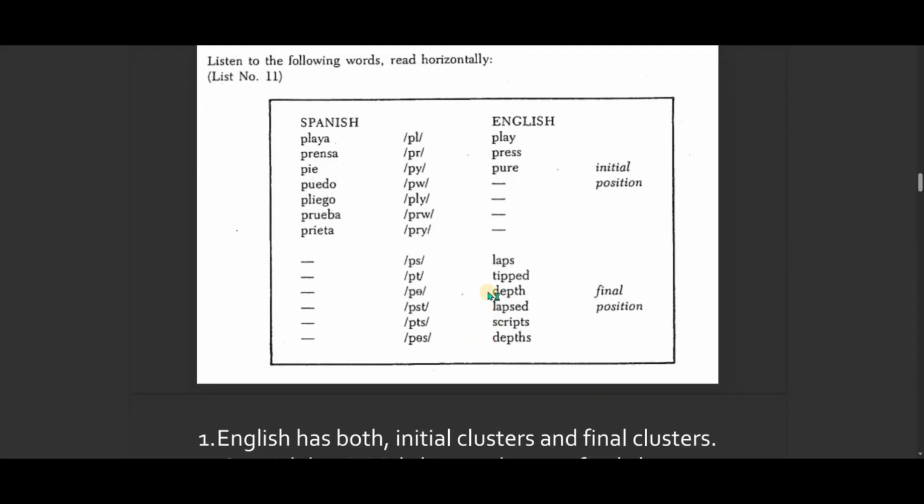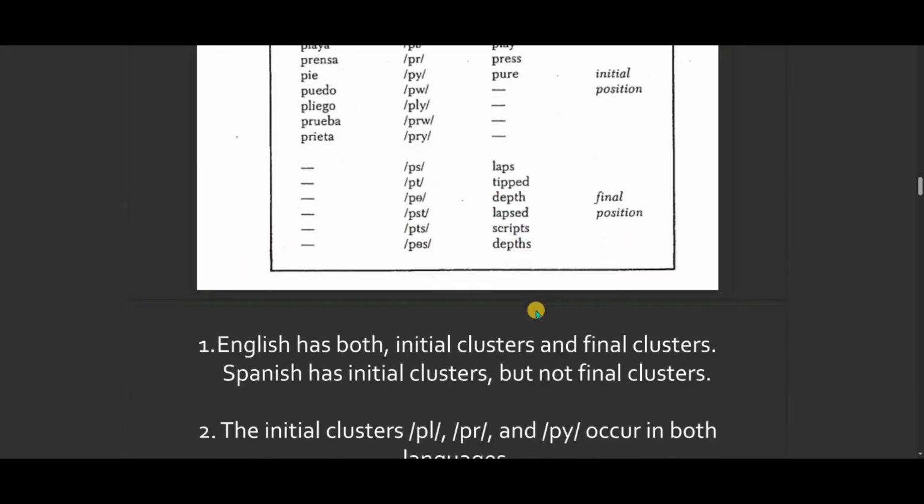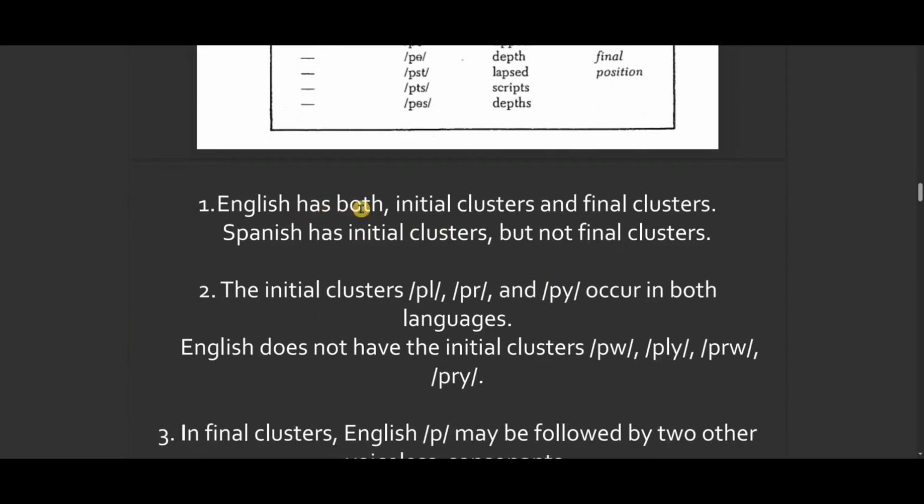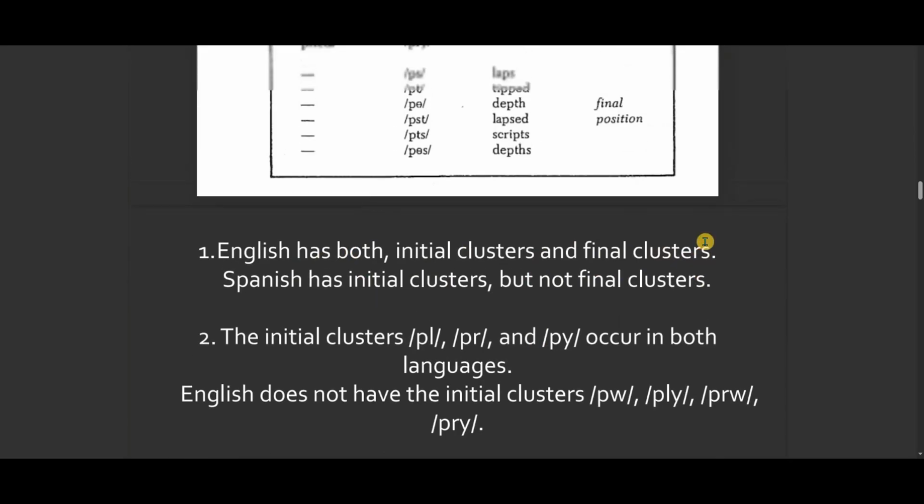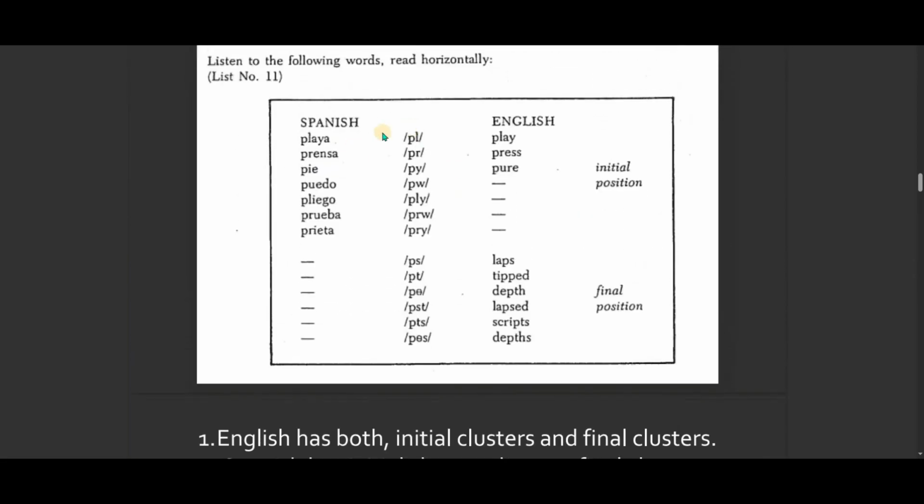On the other hand, final position PS, PT, PTH, PST, PTS, and PTHS will only be in English, and not in Spanish. Knowing that, we can say that English has both initial clusters and final clusters. Spanish has initial clusters but not final clusters, okay?